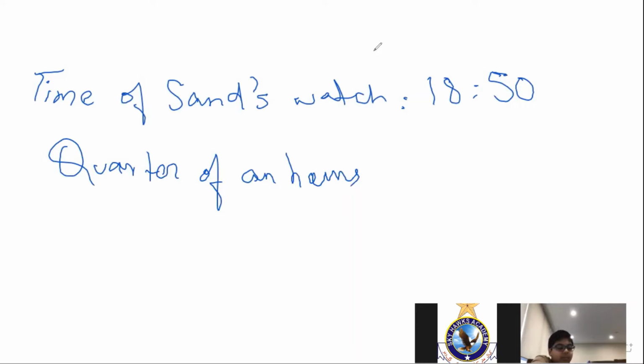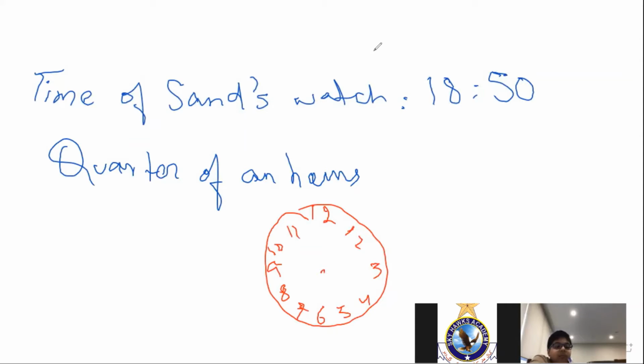Okay, if I make a clock here, this is a clock. Here it is 12, 3, 6, 9, and the numbers 1, 2, 4, 5, 7, 8, 10, 11. If we divide the clock into 4 parts, a quarter means 1/4. It means we have to color one part.